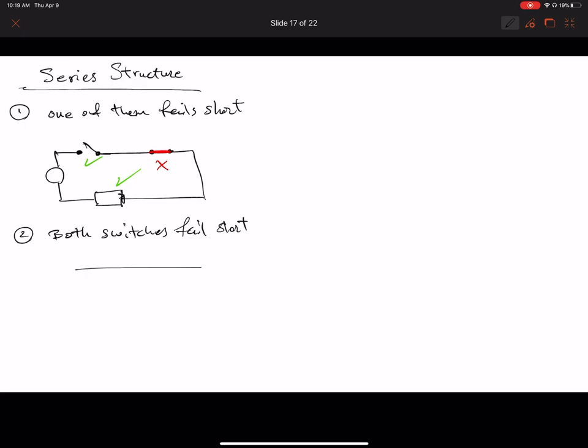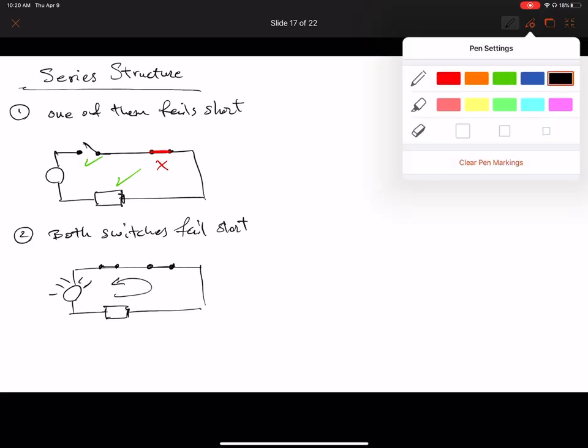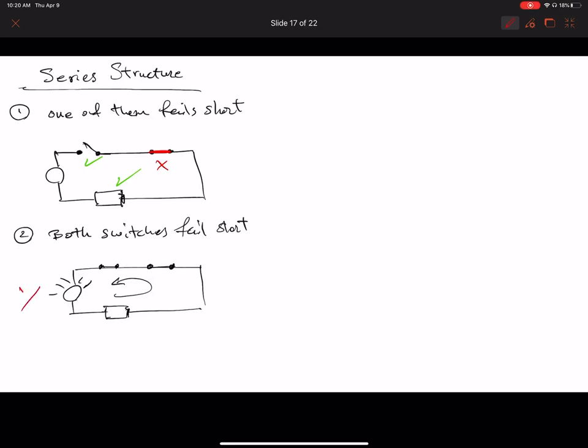So in that case, there is no way you could open the circuit and this lamp or this light bulb will be always on until this battery is drained. So we don't have any control over the system, and we would say the system has failed or is not functional.